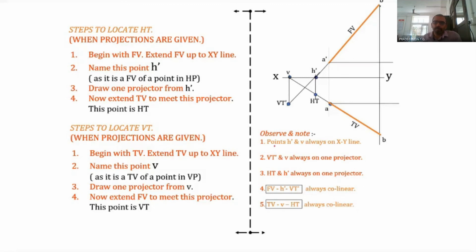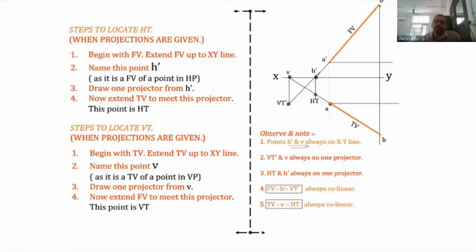That is, the points H dash and V are always on the XY line. So see, V as well as H dash, both are always on the XY line. Then VT dash and V are always on one projector.